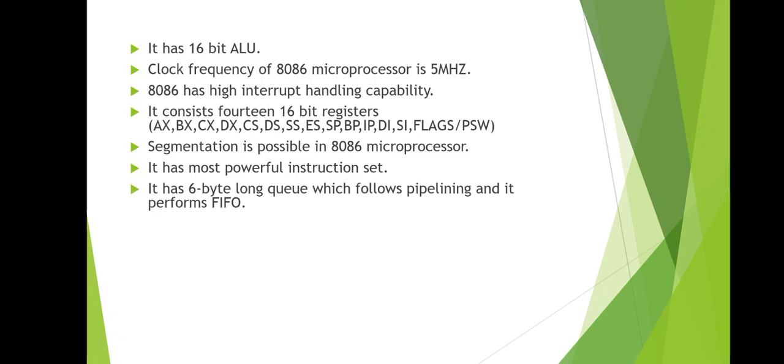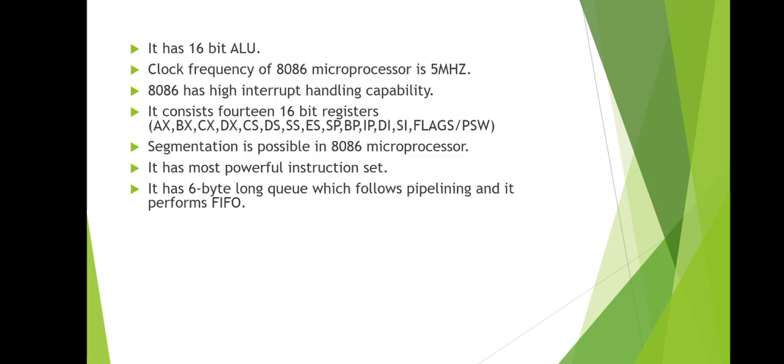And another one is it has a 6-byte long queue. Here by using the 6-byte long queue in 8086 microprocessor, we increase the speed of microprocessor, which follows pipelining. Pipelining means for execution of any instruction, we have two steps: fetch and execute.